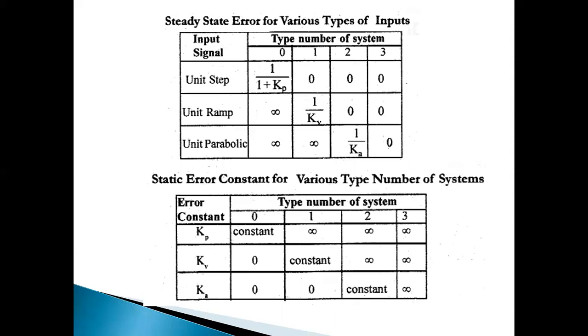Based on these specifications, we can define a response. We can judge how the response is going to be, whether it is stable or unstable, or whether it is more stable when compared to other stable systems. Anything can be explained using these specifications.